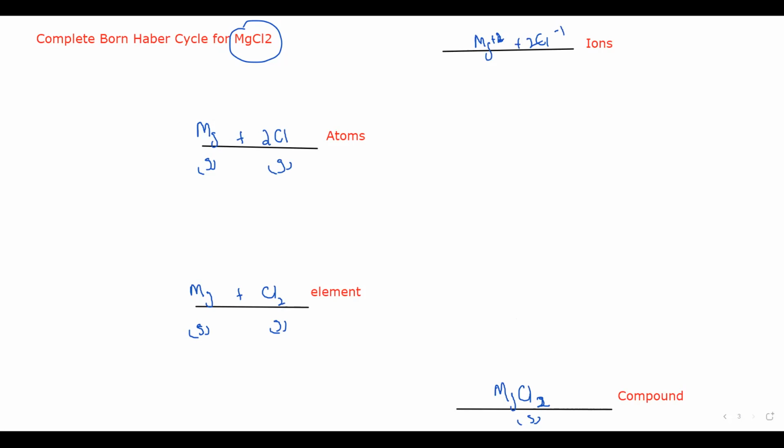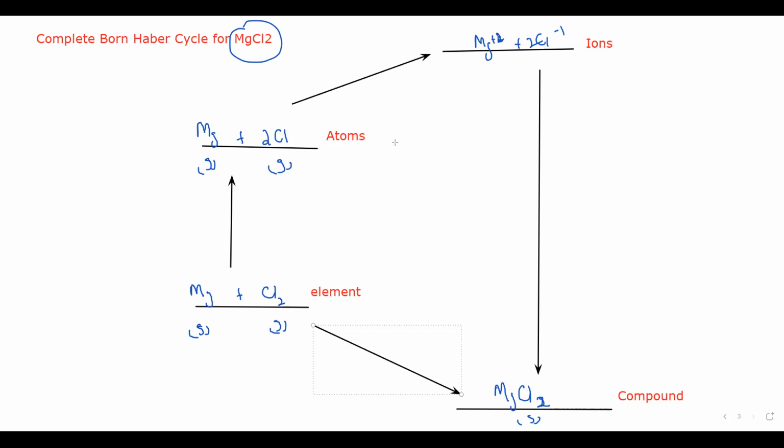So what happened? The element turns into atoms, the atoms turn into ions, and the ions form the compound, which is the same as the elements directly forming the compound. So what is this energy?